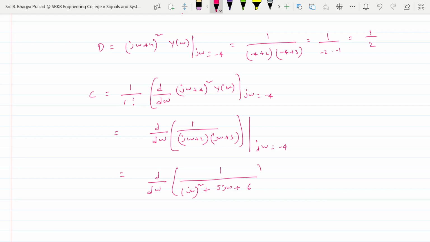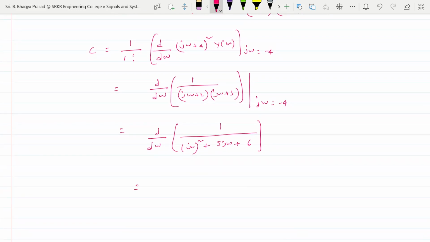Okay, and d by d omega of j square minus 1 minus omega square plus 5 j omega plus 6.